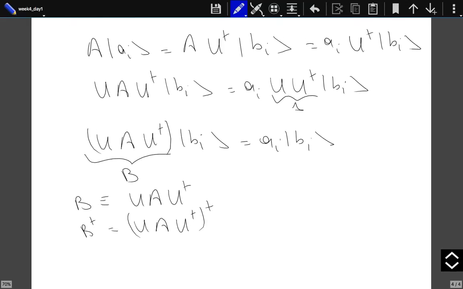Let us take the dagger of that. By the definition of dagger, reverse the order and take the dagger of each one. This is U A dagger U dagger, which is U A U dagger, or B. So we have another observable, and BI is an eigenket of that observable with exactly the same eigenvalue.